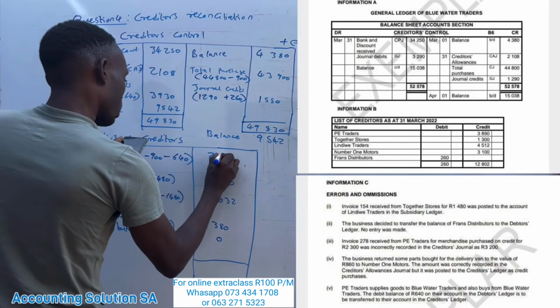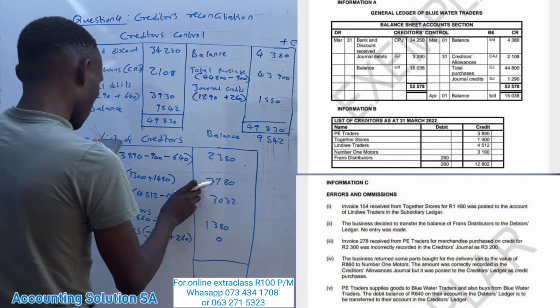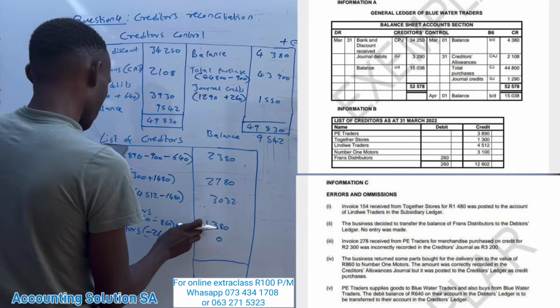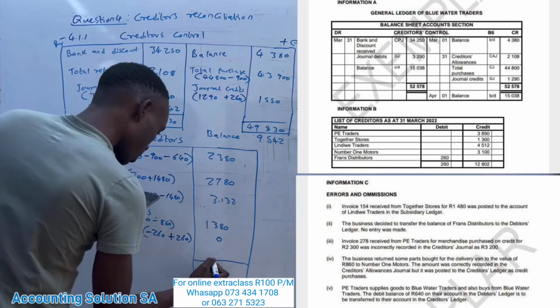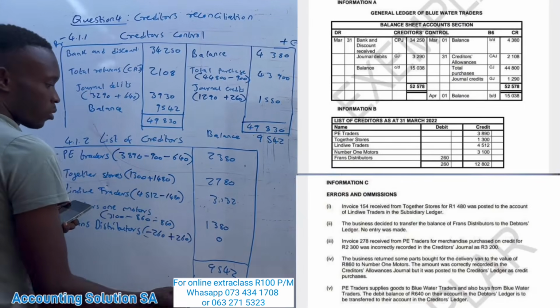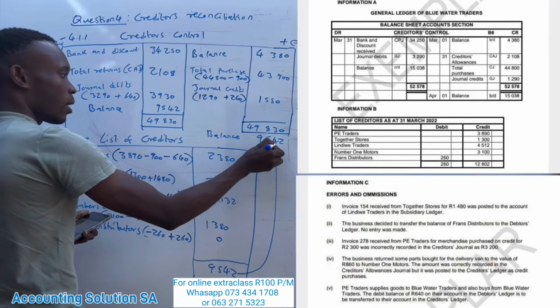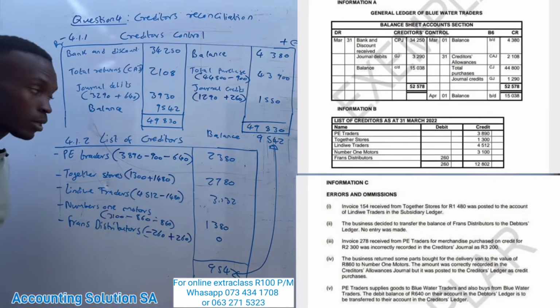It is 2,350, and 278 we did, this one we did, this one is fine. If you add all of these, guys, you will find the total of 9,542. This amount is now balanced with this one, just like that. They must be the same.